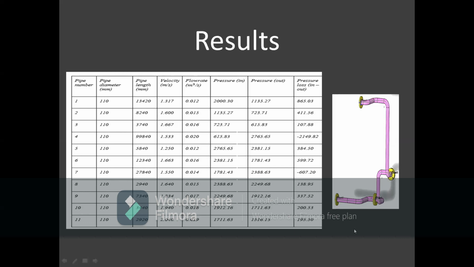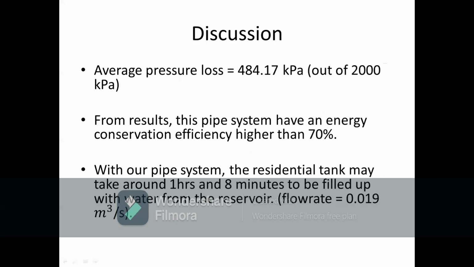So in discussion, you can say that our pipe system has an energy conservation efficiency of at least 70%. Our output flow rate is around 0.019 volume per second, considering it's working in a perfect system.